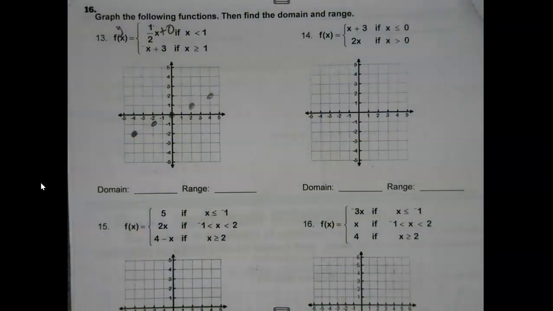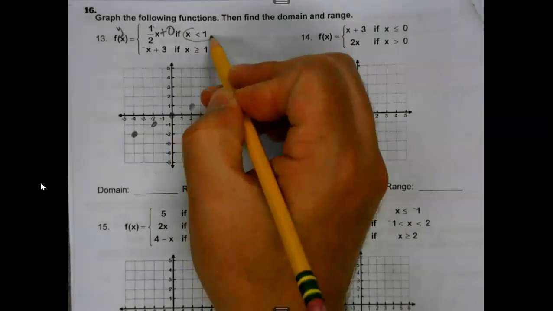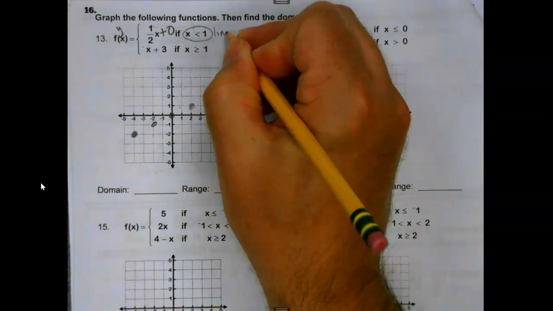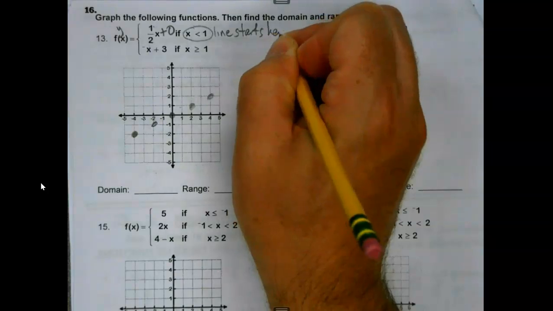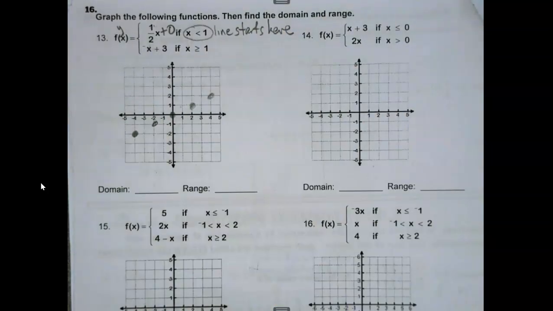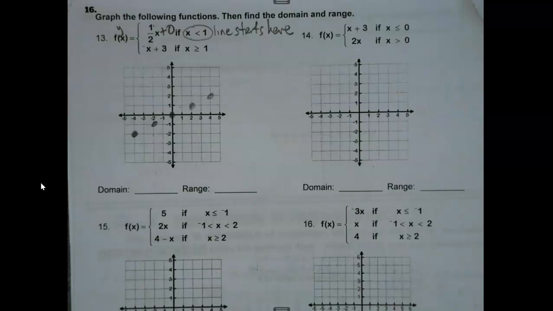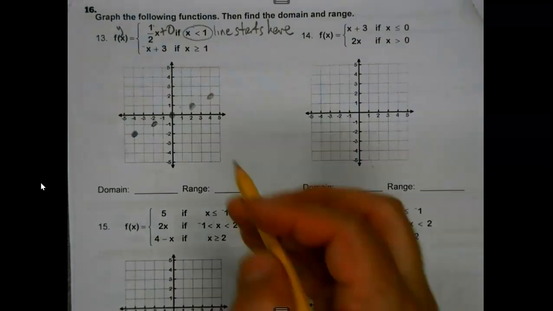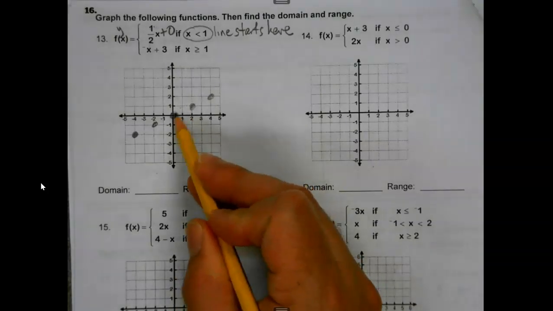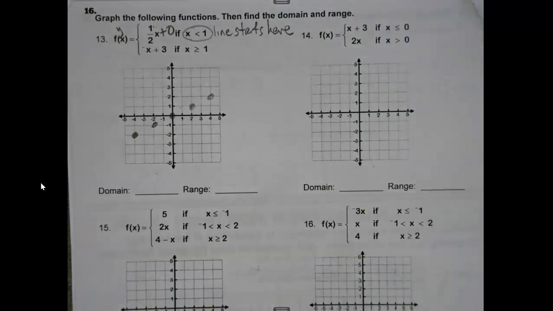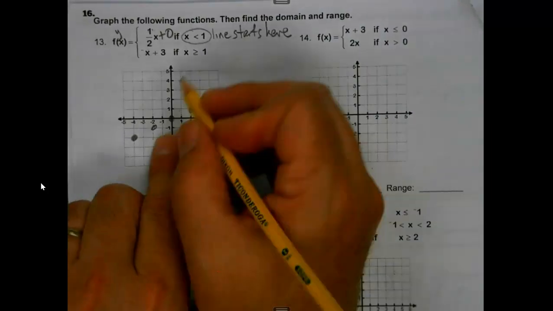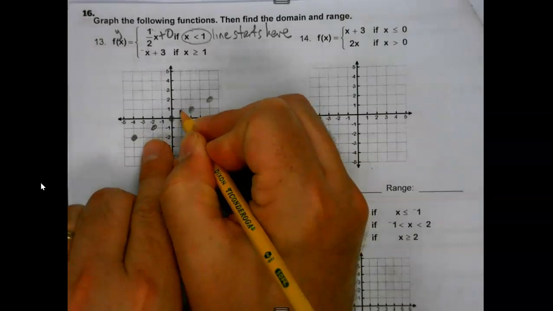We're not going to connect them yet, though, because the line is going to start where x equals 1, not 0. You're like, well, wait a minute. If x starts at 1, there's nothing here. This is where we're going to use our best guessing skills.